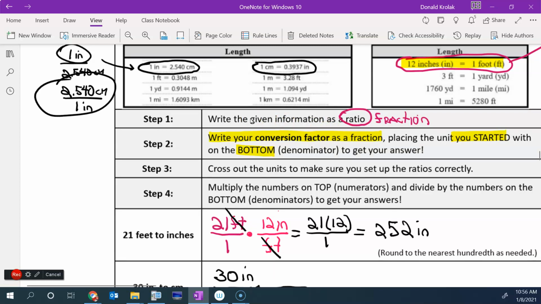It doesn't matter. Okay, or this one right here has inches in the denominator. So it wouldn't matter which one of these I used, I'd get the same answer. This right here would give me the same answer as if I did that.